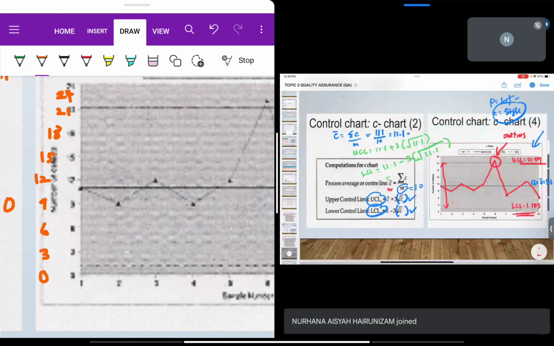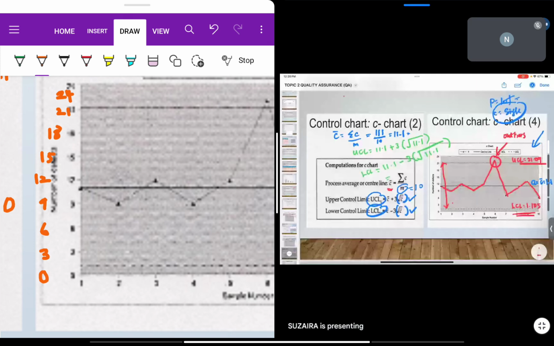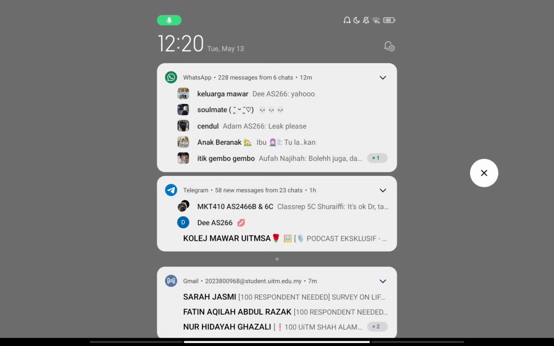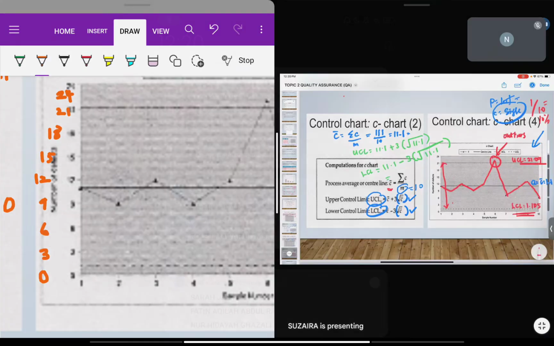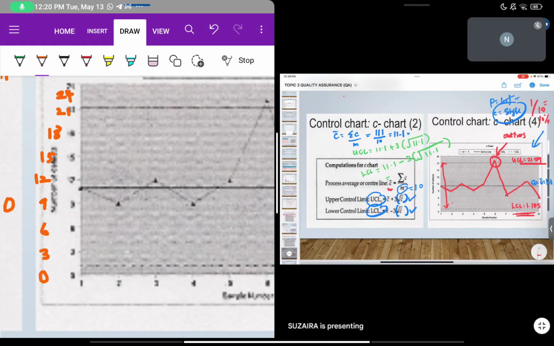In any case, this is not critical because you only have one in 10, but if you convert, that is 10% defect. So if you produce 1,000 bottles, you probably have 100 bottles of defect, which is high. By right, this point should be in between the lines.